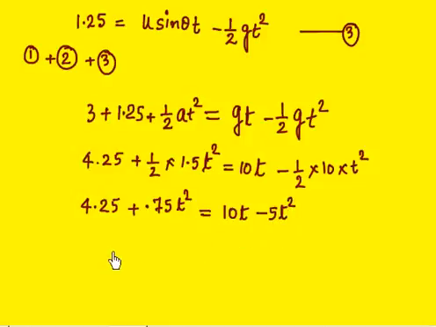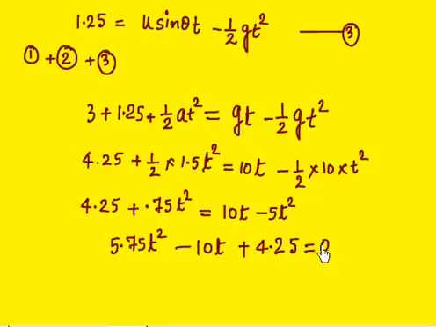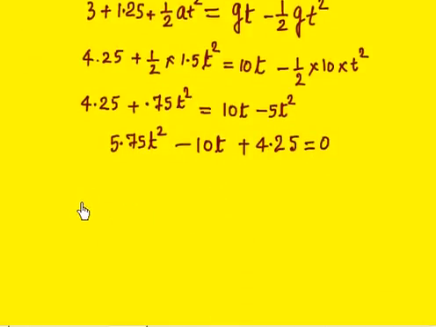So what we will have? Plus 5, so 5.75 t square minus 10t plus 4.25 is equal to 0. I have to solve for t, so let us solve for t.